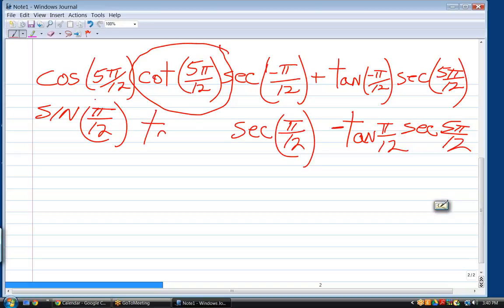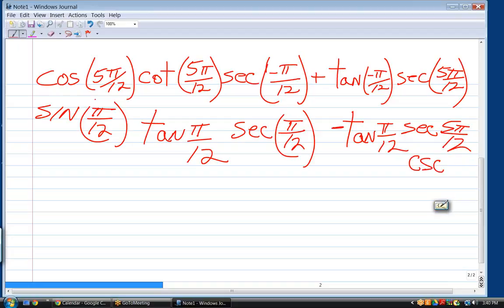Pi over 12. And how about the secant of 5 pi over 12? What can I replace that with? Cosecant of pi over 12. So now we have a bunch of trig functions all of the same angle.